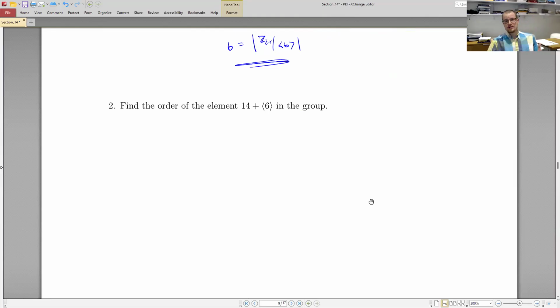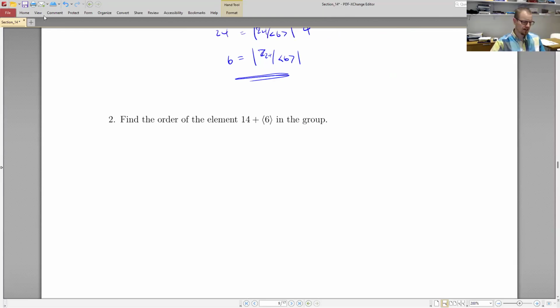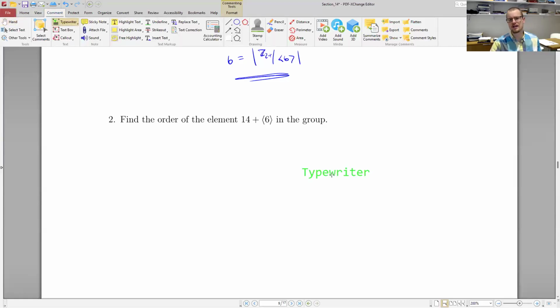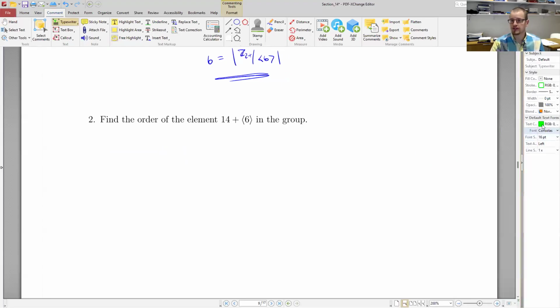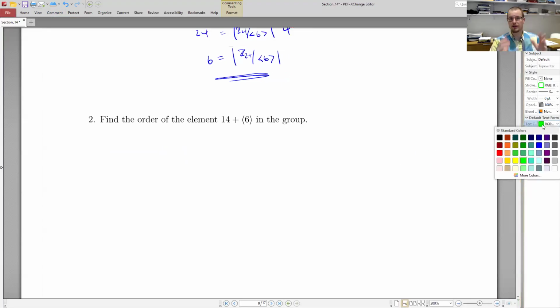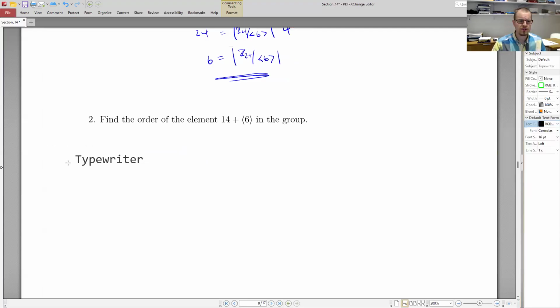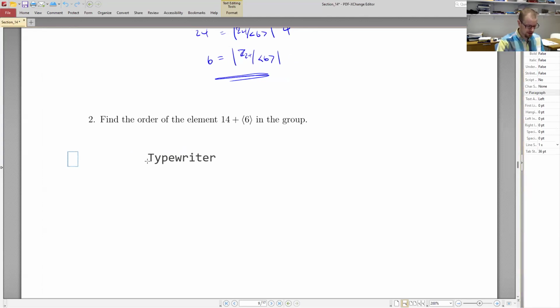All right, now the question is, we want to find the order of this particular element. And that's maybe a little bit annoying for us to try and really understand easily. So maybe what's helpful is for us to take a brief look at what the congruence classes are. So I'm going to grab just a list of the elements in the original group Z24.